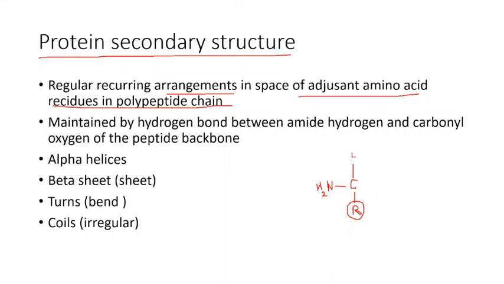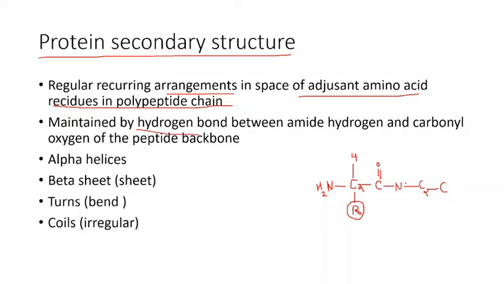Then the other one is the H atom, and here there is another carbon associated with oxygen, COOH, and then ultimately the other amine group is present. And like another C alpha, so this is C alpha, remember. Likewise this chain begins. How exactly the helices and beta sheets form, we'll see in detail afterwards, but this is the basic structure of the amino acid sequence and how it joins up.